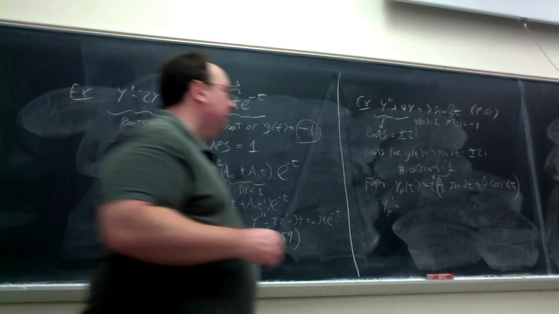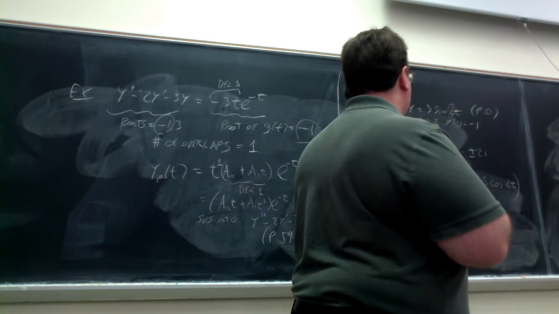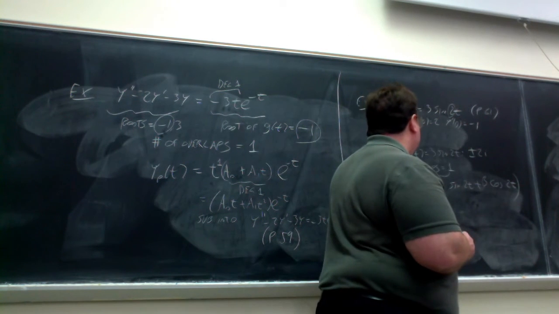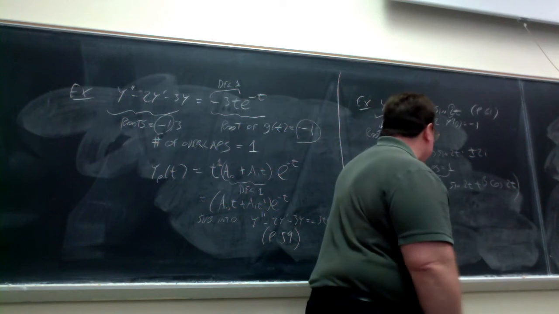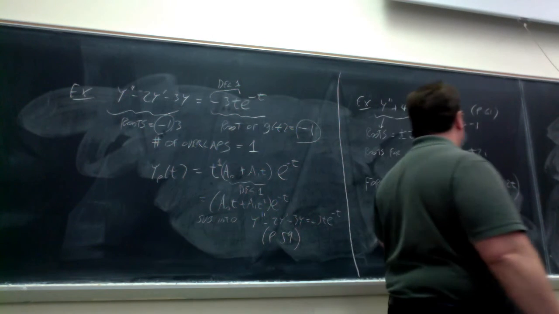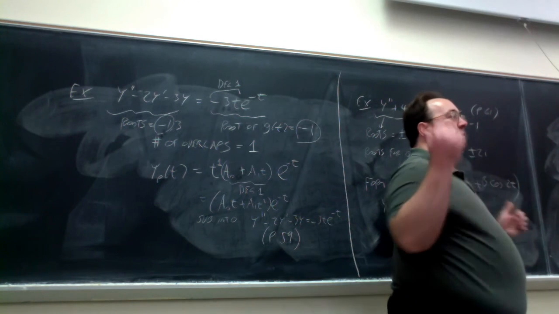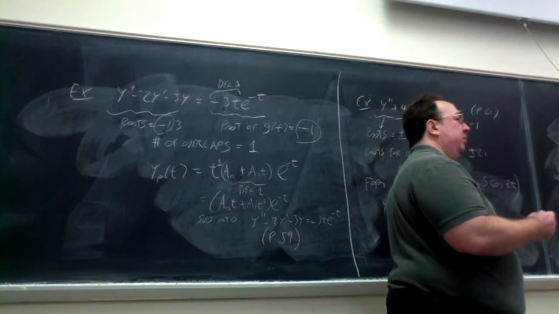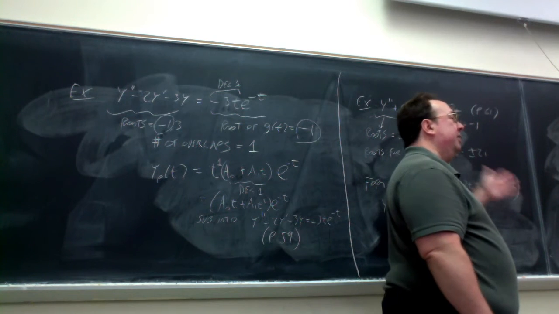Could you explain to me why it's only one overlap again? My crass answer is because that's what works. But the guideline you follow is this: in the other cases that we saw where real roots are involved, each solution was associated with a single real root. Here it's associated with a pair of complex roots, but we just take one of those roots and see how many times it repeats.